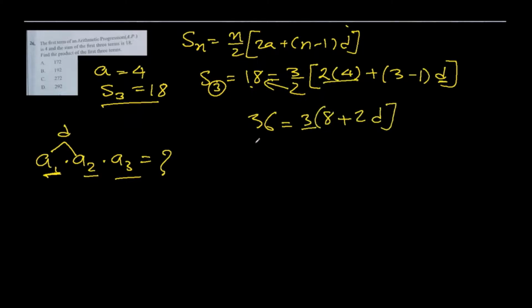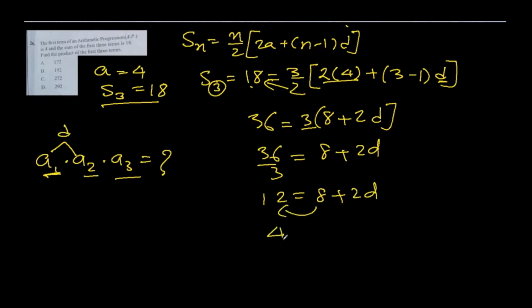Okay, let's divide by 3 also. So 36 divided by 3 equal to 8 plus 2d. 12 equal to 8 plus 2d. 8 comes here, 12 minus 8 will be 4 equal to 2d, and d is equal to 2.